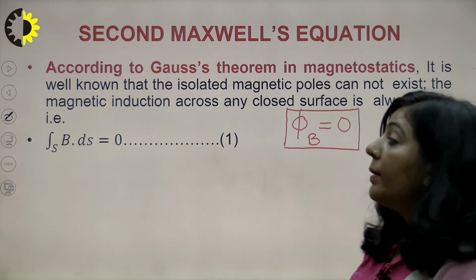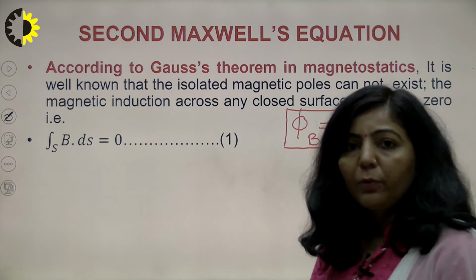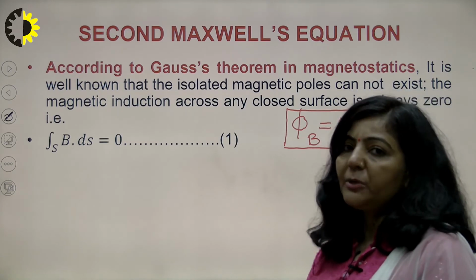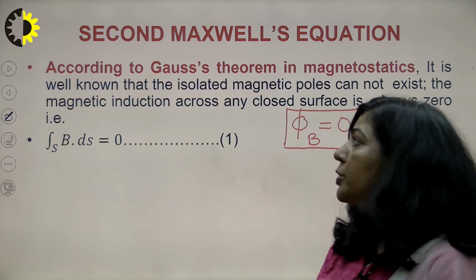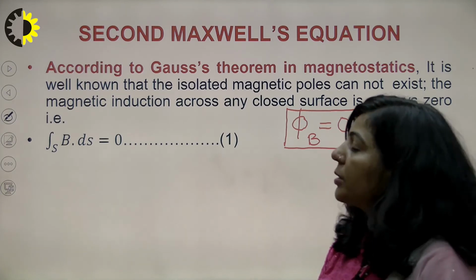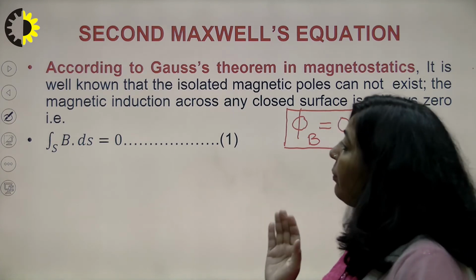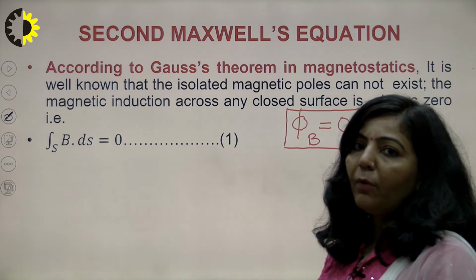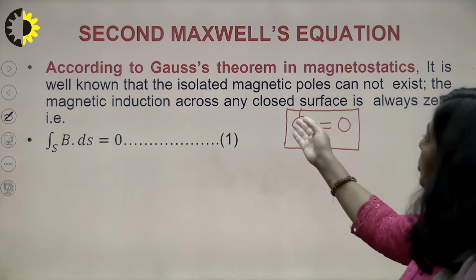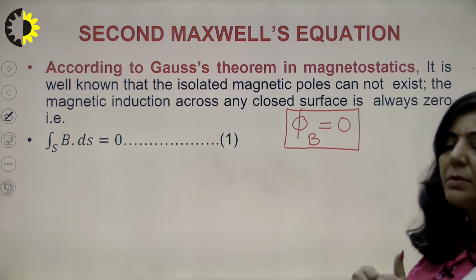As I have told you, these are the steps to write Maxwell equations. The first step is to explain the law from where you are getting the equation. You know the law is Gauss law in magnetostatics for the second Maxwell equation, so you have explained that. The next step is to write the mathematical form of that law. Total magnetic flux over a closed surface is 0.